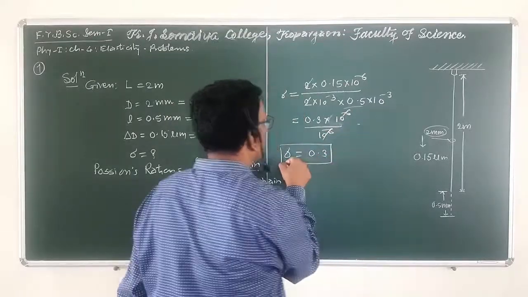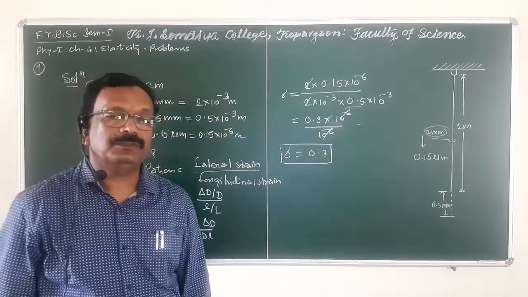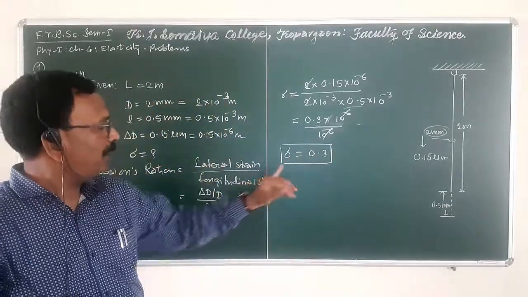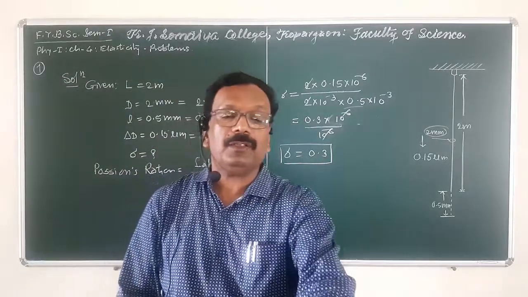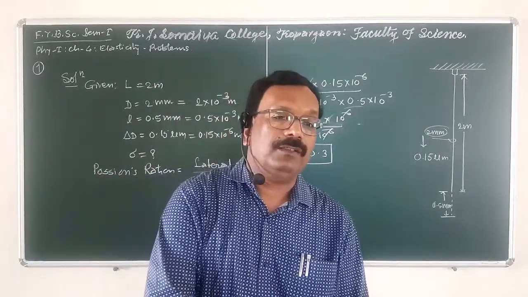This is the value of Poisson's ratio, 0.3. Very simple. There is no unit because Poisson's ratio is a pure number.